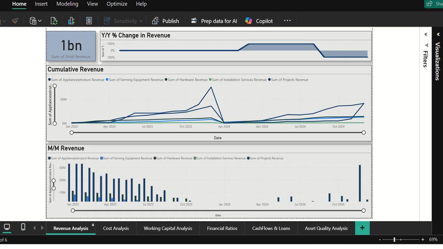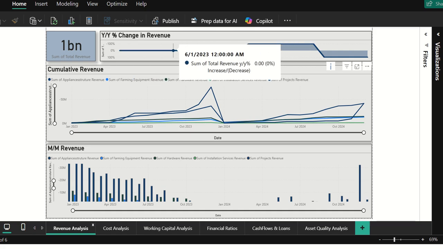You'll notice we have the total revenue for the period of January 2023 up until October 2024, which is a billion. And from this, we have a breakdown of what this revenue is cumulatively and what we have month-on-month. And here we have a year-on-year change.